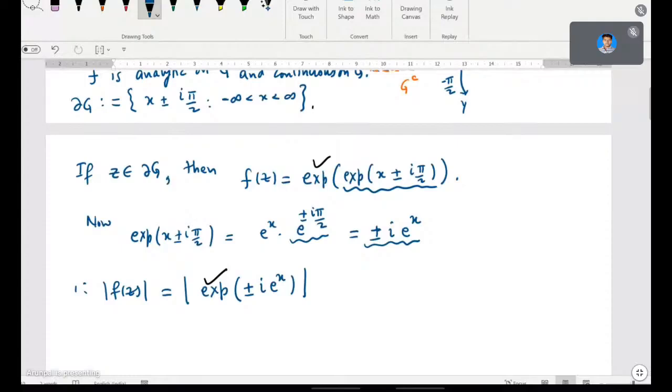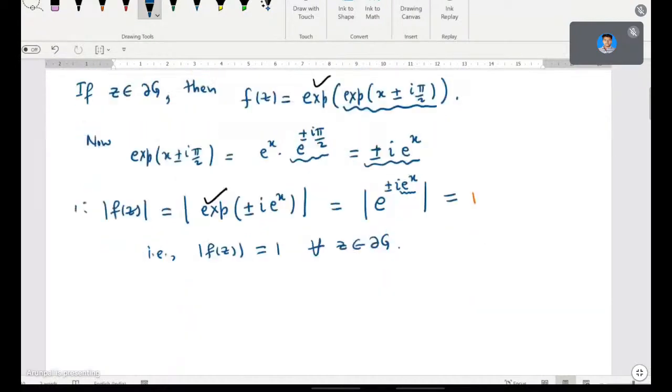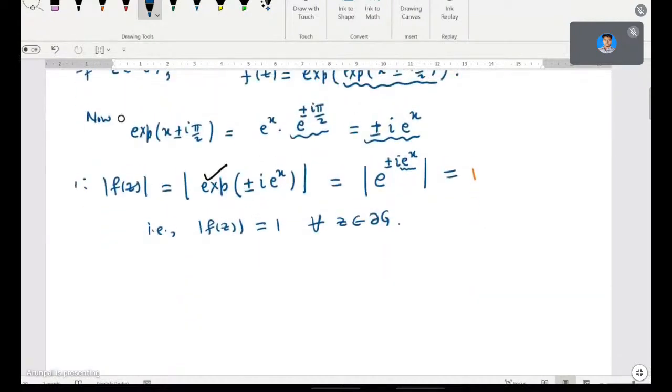And you know that whatever this angle is, the modulus of e to the power plus minus i theta is always 1. It means class, I have shown you that the modulus of f of z turns out to be 1 for all z in the boundary. So at every point of the boundary, the value of the function is coming out to be 1.